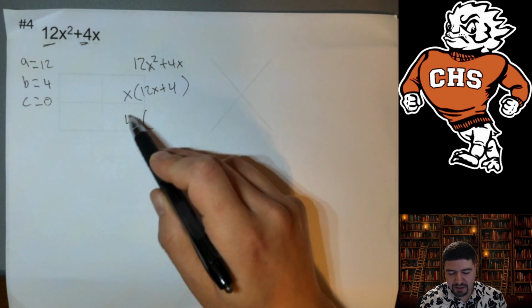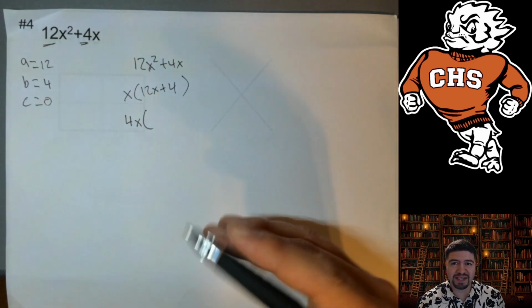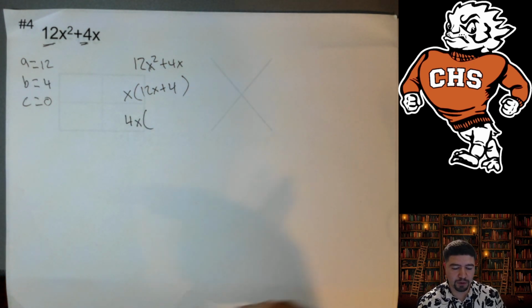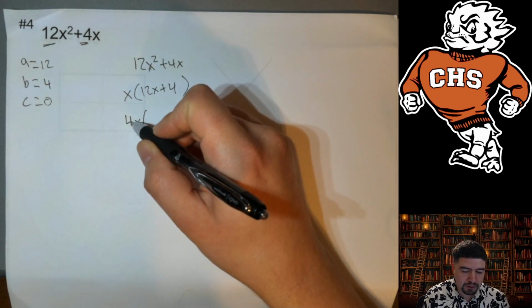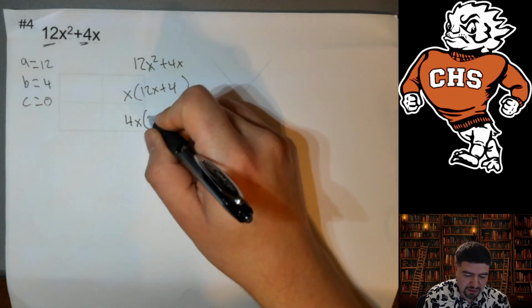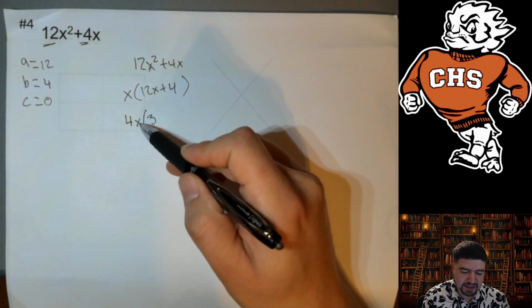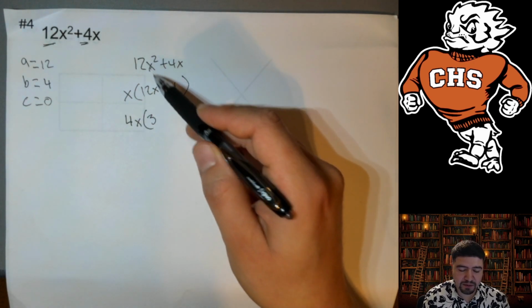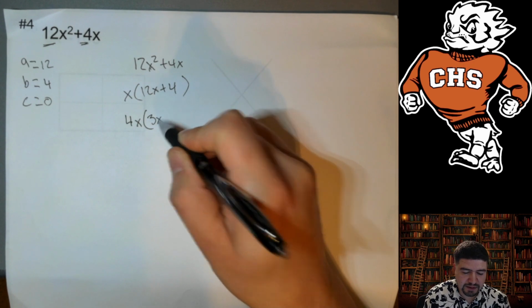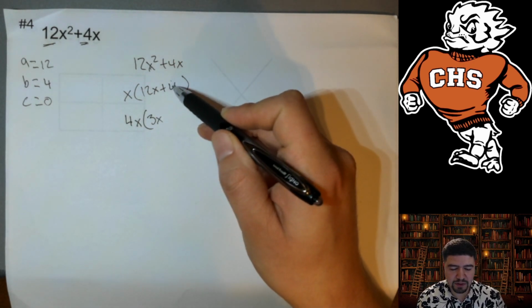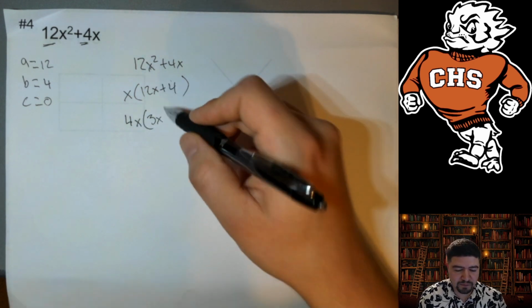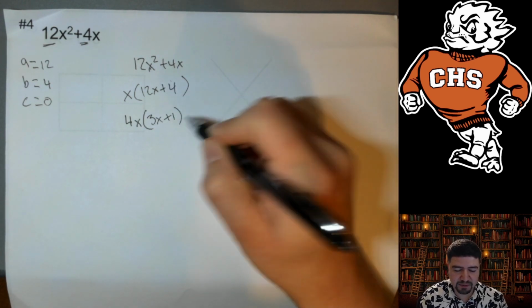So by factoring out a 4, we're basically dividing by that 4. So when we divide 12 by 4, well, we have 3. And since I already took one x out from way up here, that x gets brought with us. And lastly, this 4 divided by 4, that's just going to be positive 1.